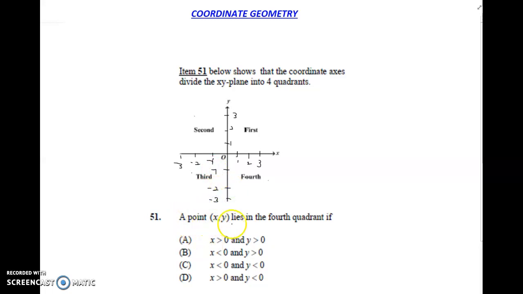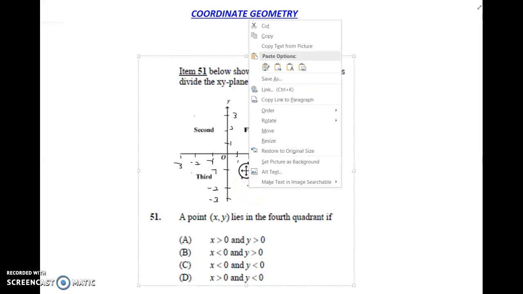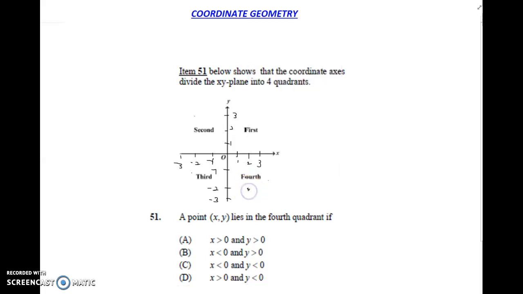So a point XY lies in the fourth quadrant. So XY is somewhere, let me say here is the XY, right? Let's say that's the point there. So basically in the fourth quadrant, my X value will be positive, right?